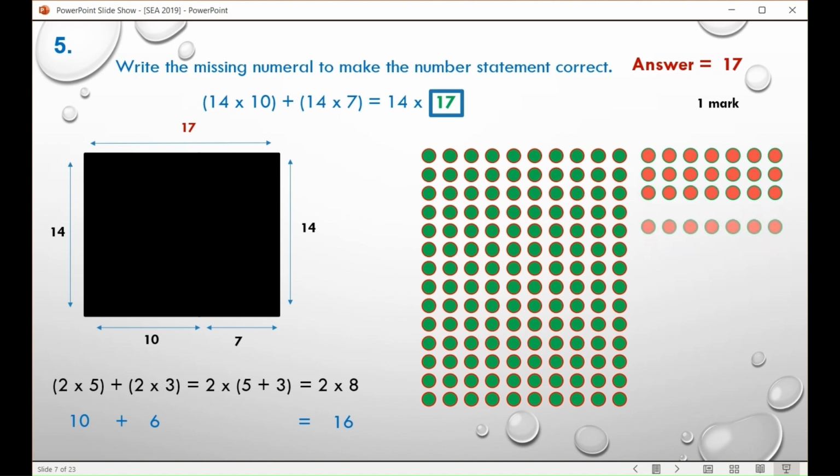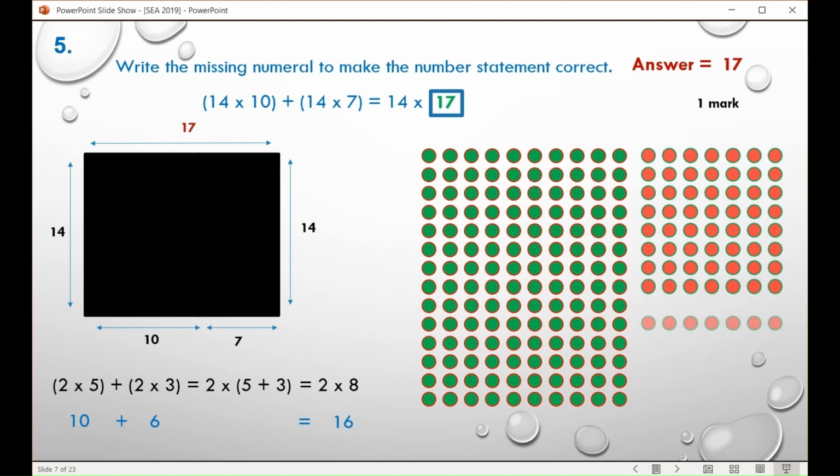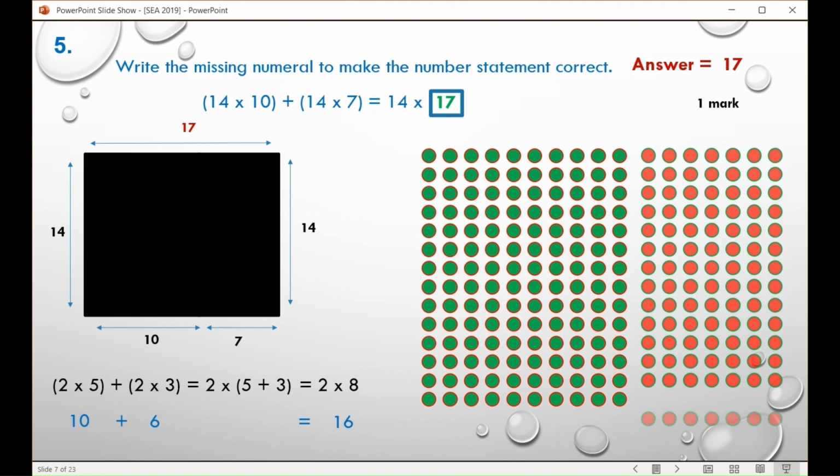We have 1, 2, 3, 4, 5, 6, 7, 8, 9, 10, 11, 12, 13, 14. So we have 14 groups of 10 with the green balls, and we had 14 groups of 7 with the red balls. So let's now look at this rectangle that we're putting around it. And what do we have? We have one group of 17 balls. And how many groups of 17 do we have? We have 14 groups of 17.